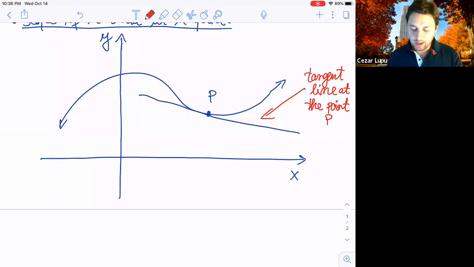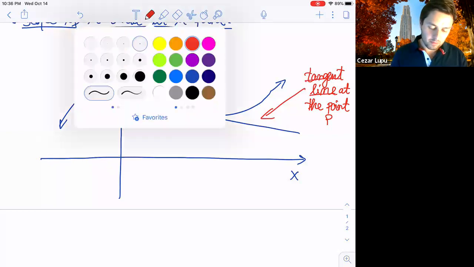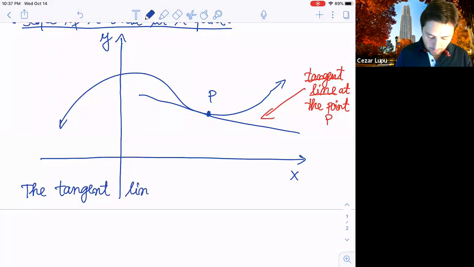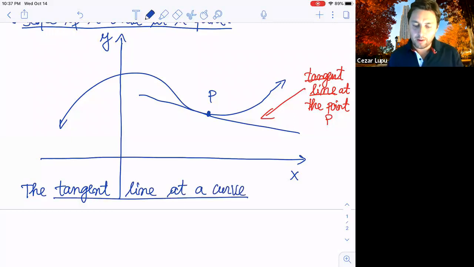Well, this tangent line, I want to make myself clear from the beginning. So the tangent line at a curve is a straight line.